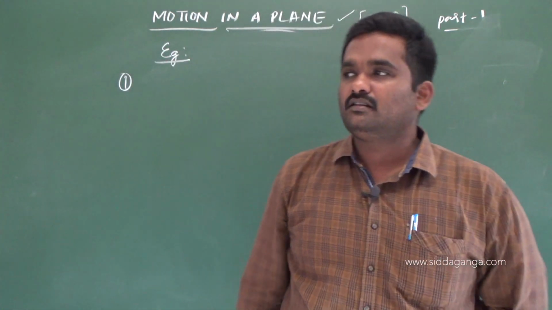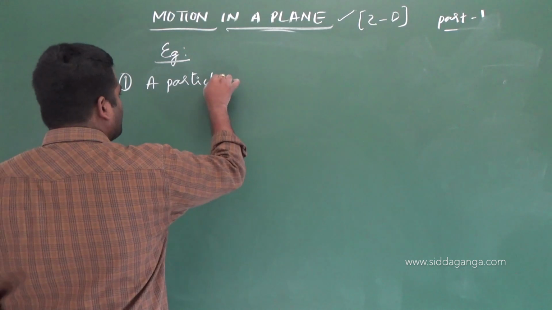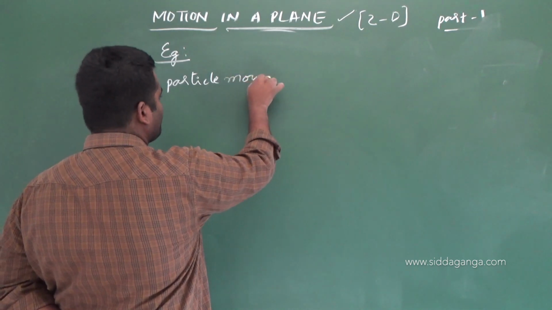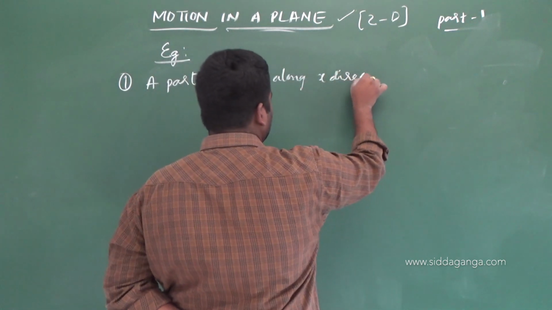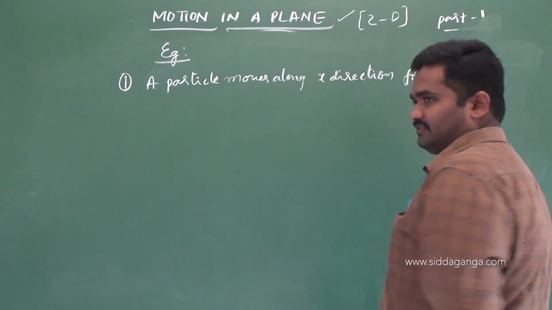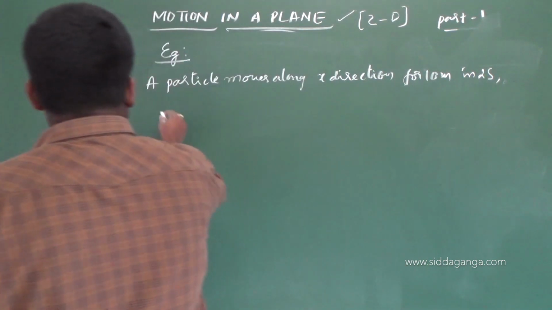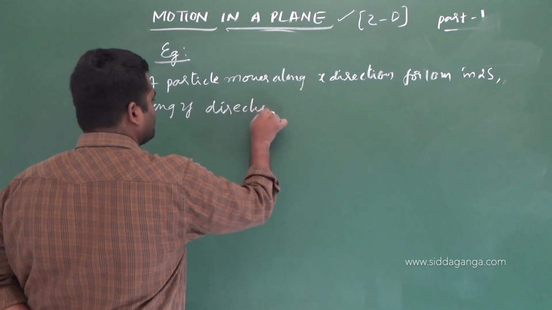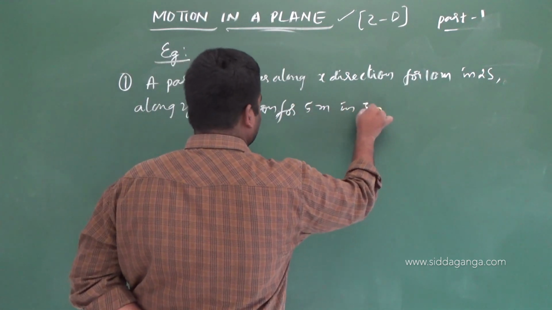A particle moves along x direction for 10 meters in 2 seconds, along y direction for 5 meters in 3 seconds.